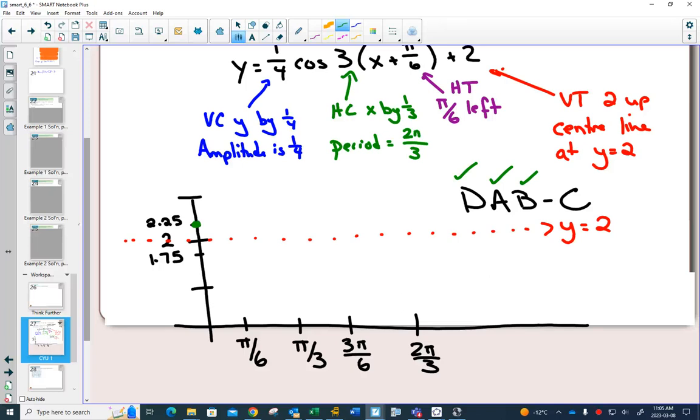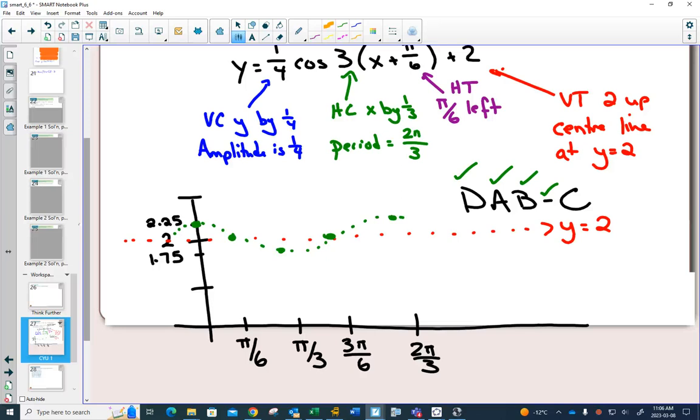Then we'll go center line, minimum, center line, and back to maximum. So we draw the graph without a shift, with a dotted line, label those 5 points from max to center line to min to center line to max. Label them very clearly because now we're going to do our shift.